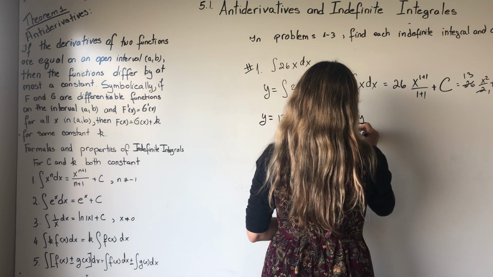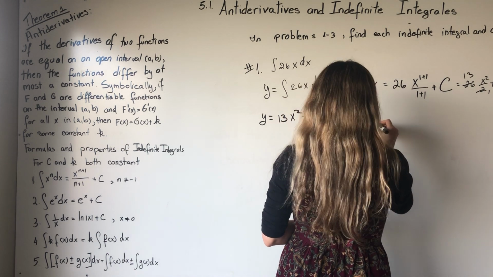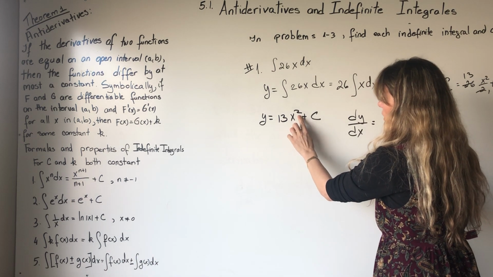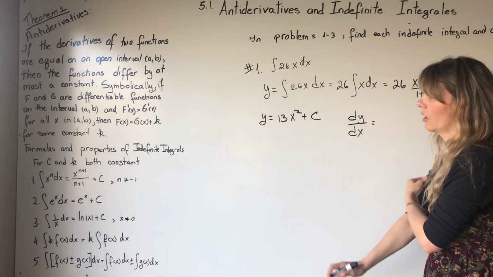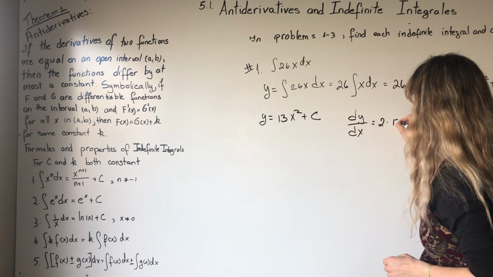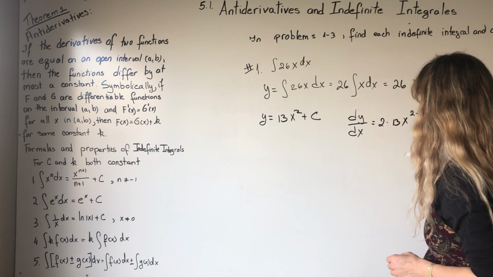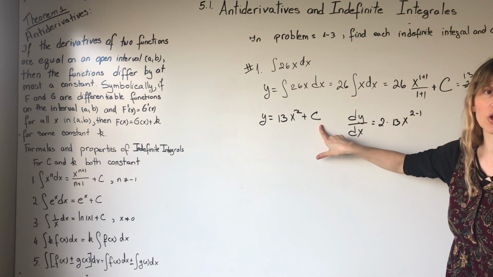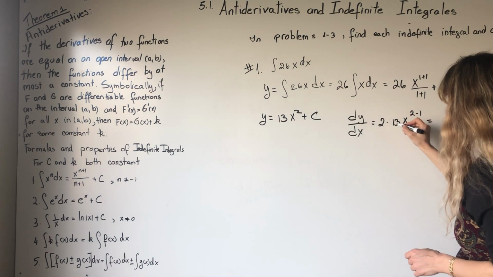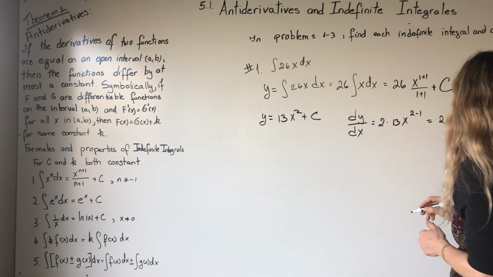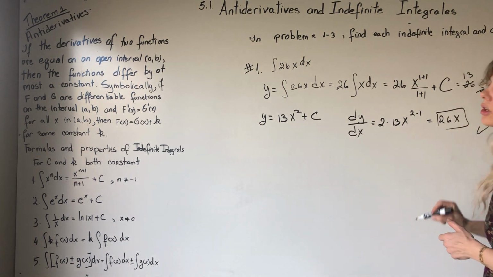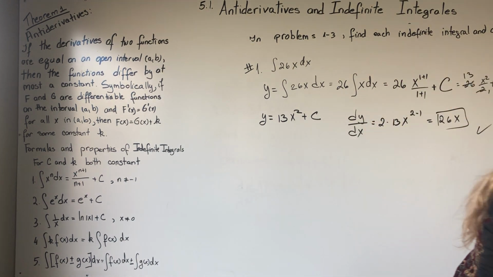What is the derivative with respect to x of 13x squared? You take the power, you put it in the front, and you have 2 times 13 stays the same, x to the power 2 minus 1. The derivative of a constant, once again, is 0. So this is equal to 2 times 13, which is 26x. This is what we have. Let's see what we started with. Therefore, the check is correct. Let's do the second one.